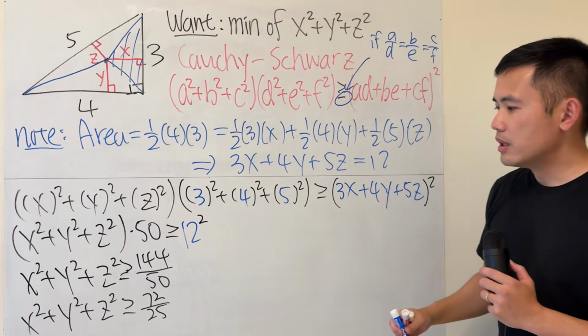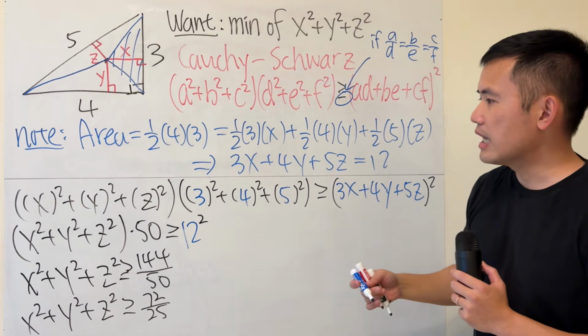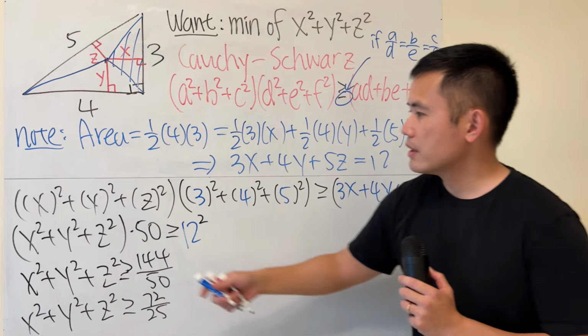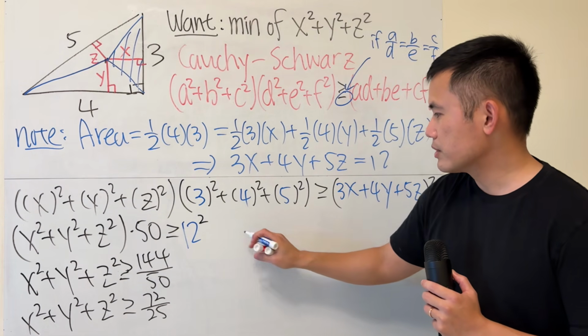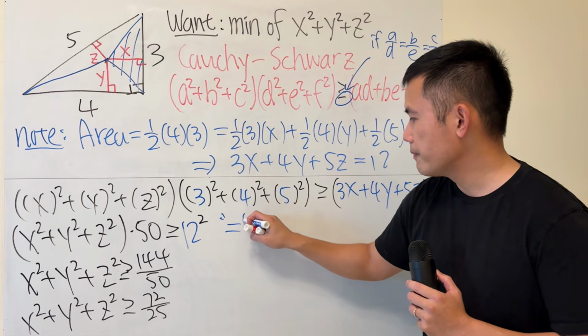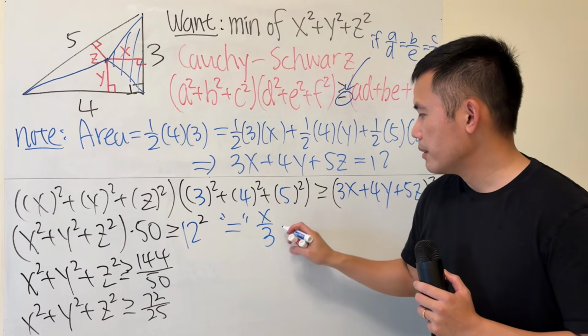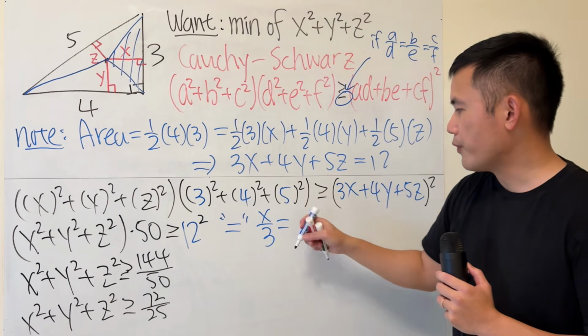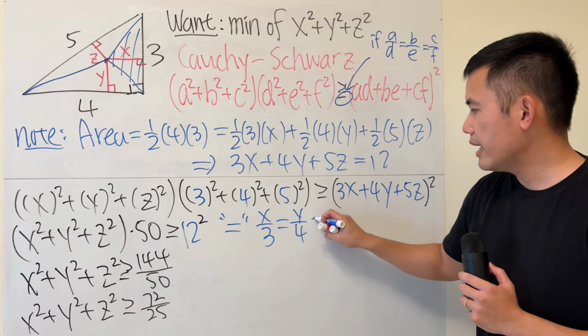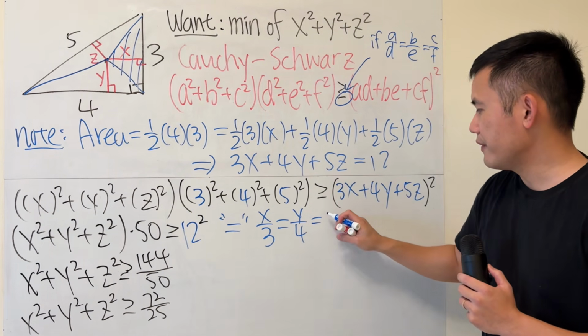So in fact, let's just go ahead and set this up. Right here we have this divided by that. So I'll just say for the equality, we must have x over 3 being equal to y over 4, and that's equal to z over 5.